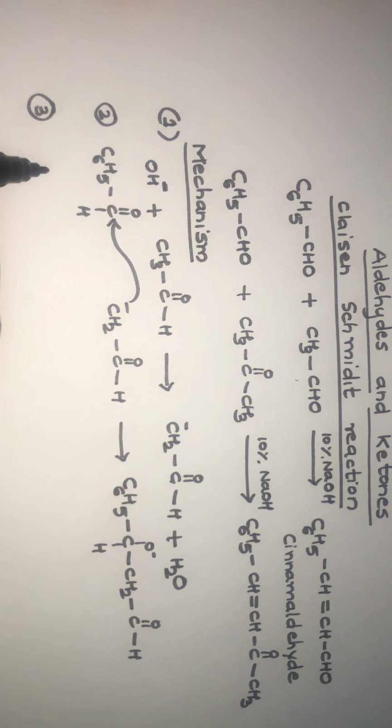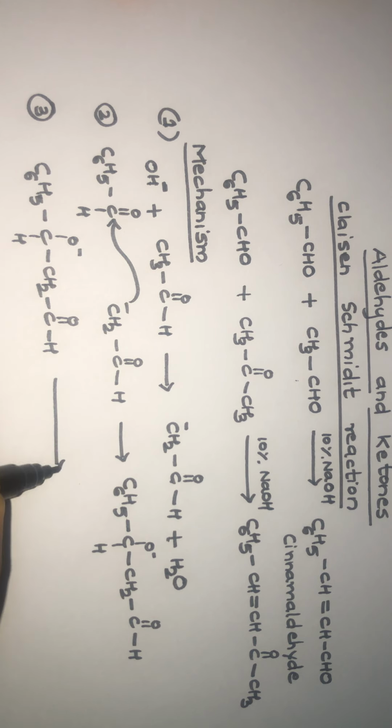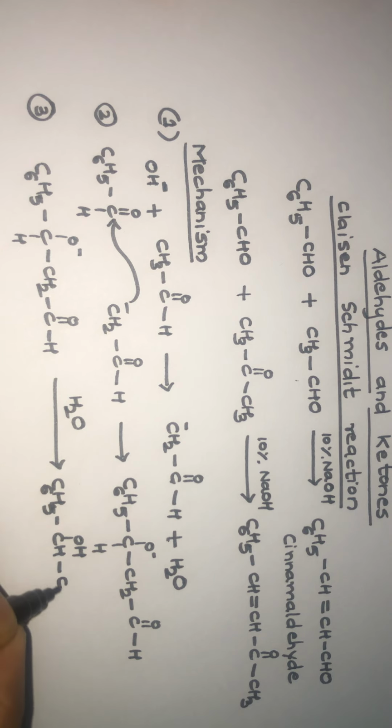So this ion, C6H5CH(O-)CH2C(=O)H, takes up a proton to give C6H5CH(OH)CH2C(=O)H. Next, there is loss of water taking place here, that is OH and H from here.